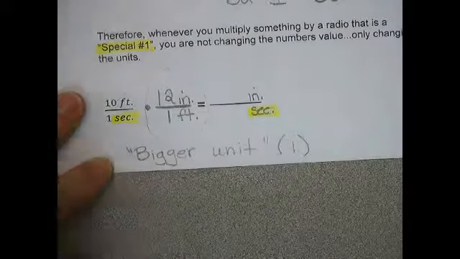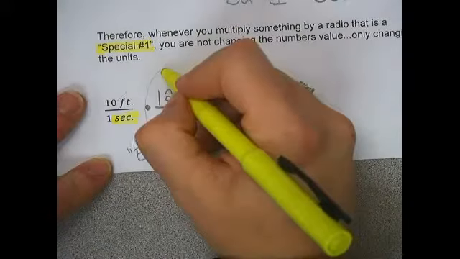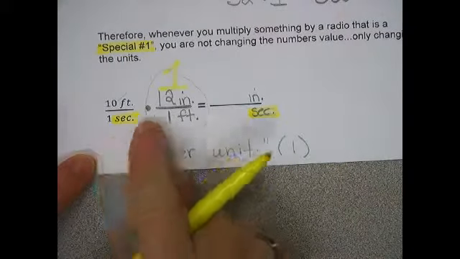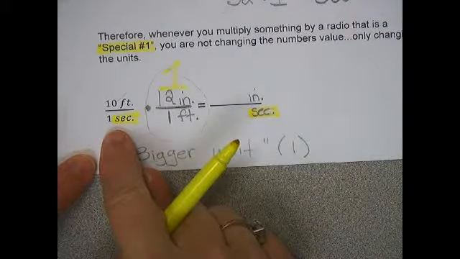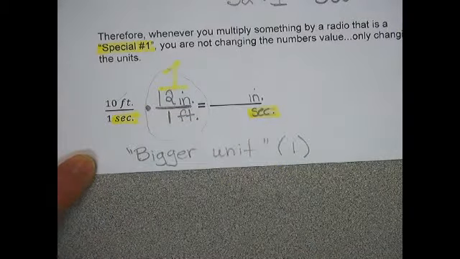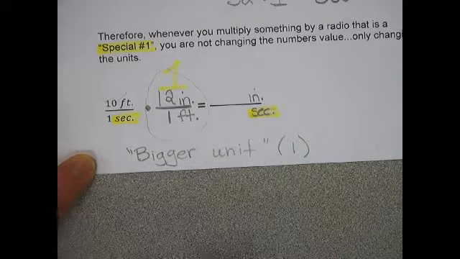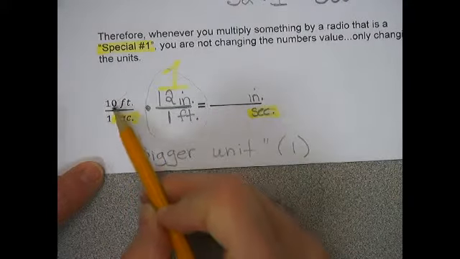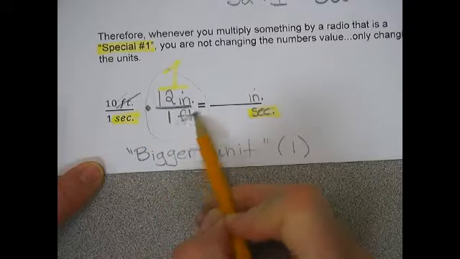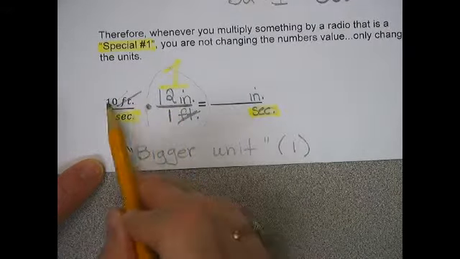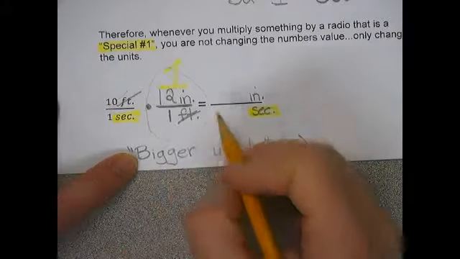And then we look up here and we try to decide what value will go with 1 foot to make this a special number 1. Well, 12 inches. This has to have a value of 1 because we don't want to change our rate of 10 feet per second. We want to multiply by 1 so that the value doesn't change, just the units change.